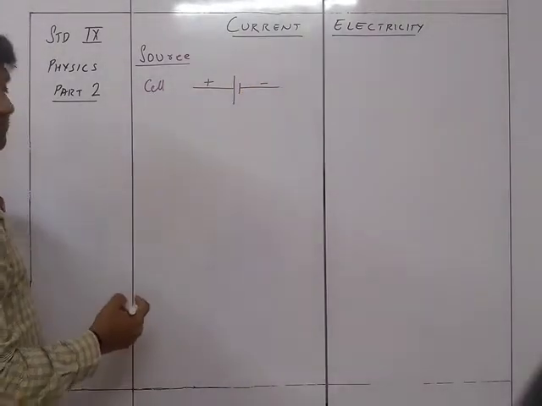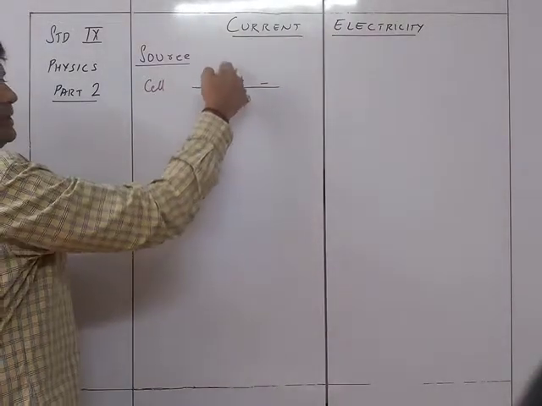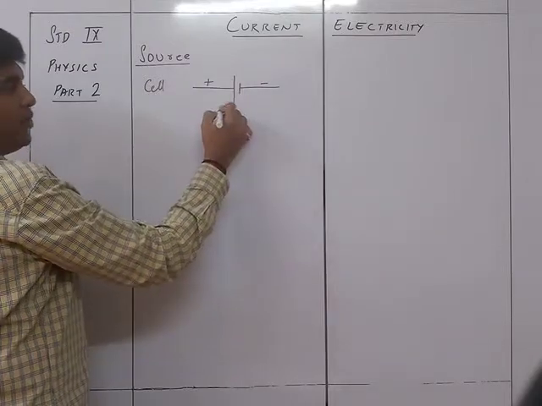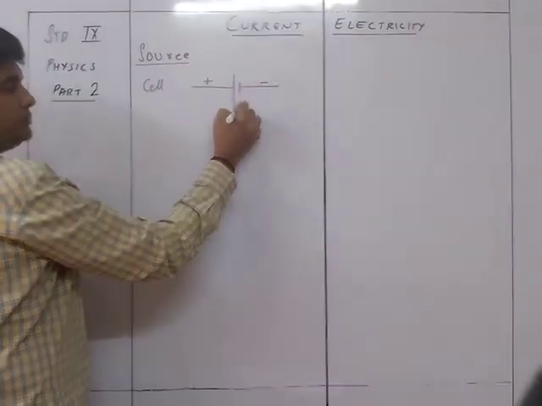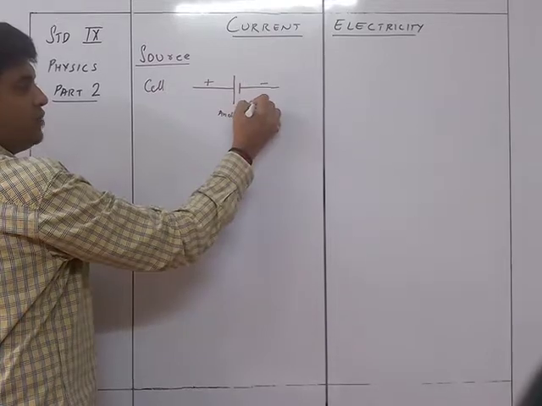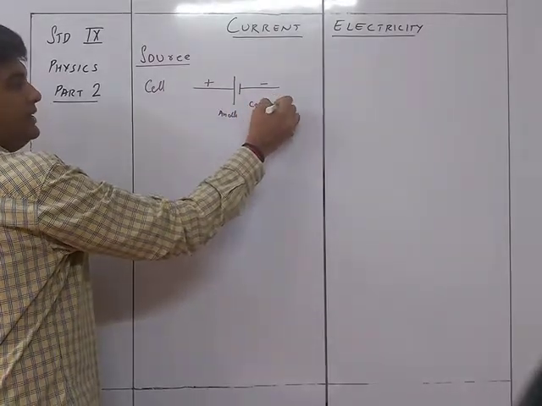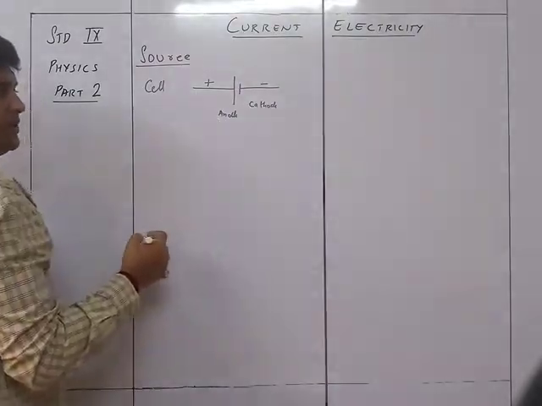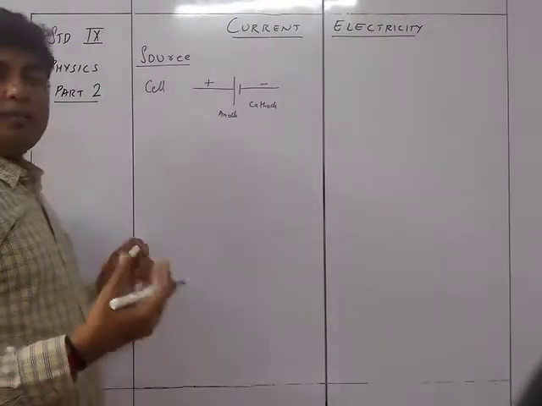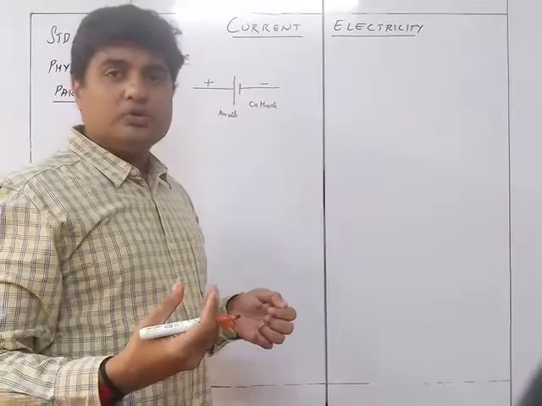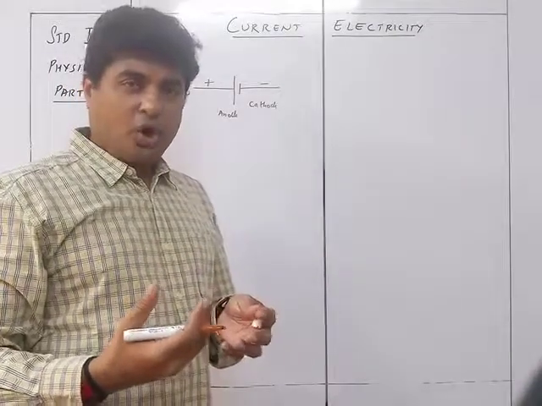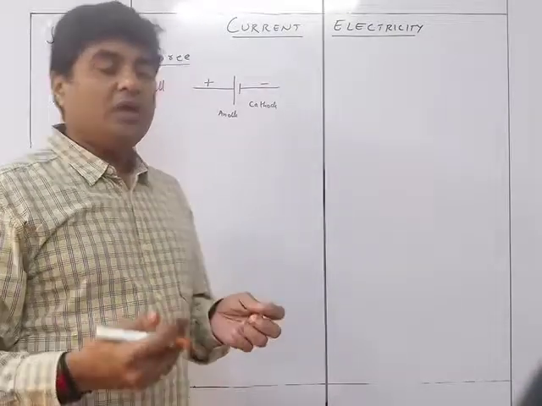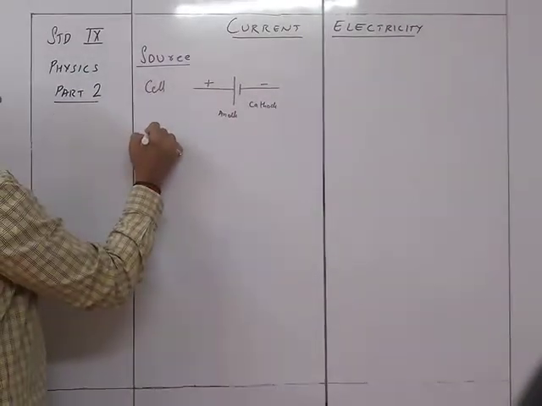So this is a cell where the bigger line stands for anode and the smaller line stands for cathode. That is, cathode is the negative terminal of the battery and anode is the positive terminal of the battery. Now if I want more current, then I am going to use multiple cells together, or I will use a storage cell which is given by the name battery.